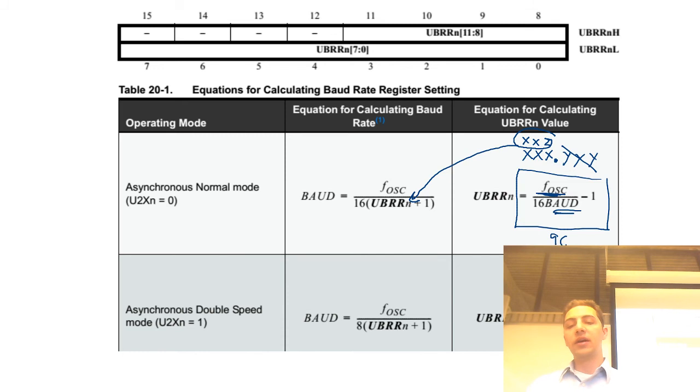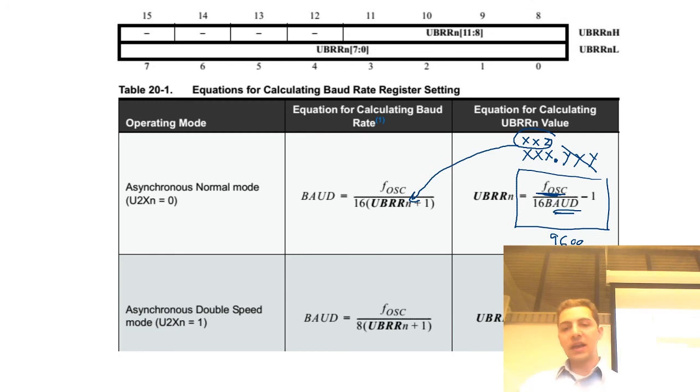So you might want 9600. We can do a quick one here. In fact, we did one in class. So let's say that I'm running at 16 megahertz. So I do the calculation out: 16 megahertz divided by, parentheses, 16 times 9600, minus 1.